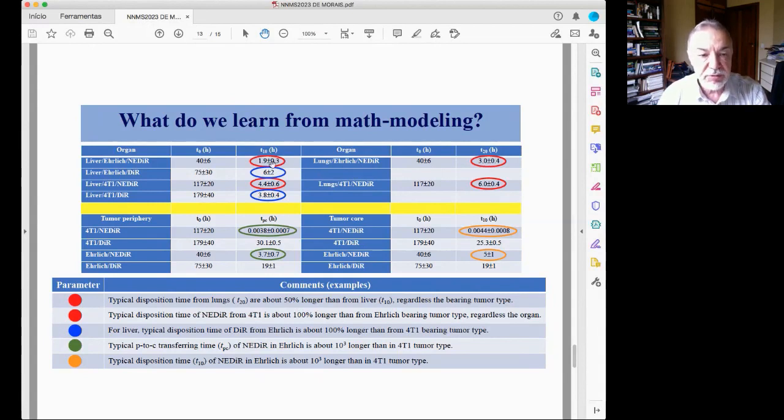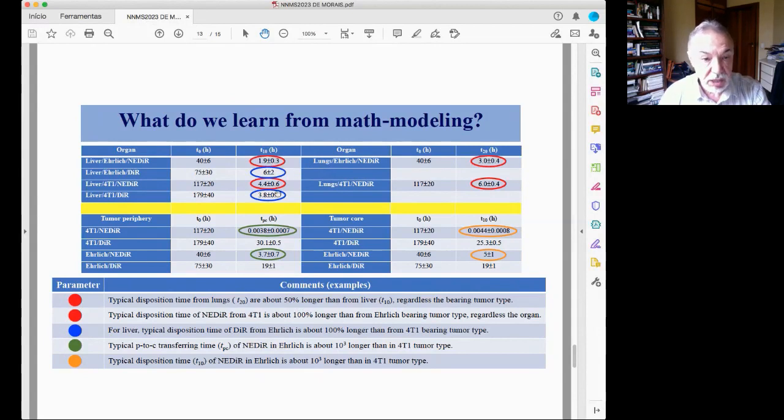If you compare the same Ehrlich tumor, liver and lung, the disposition time is very different. So you can never get these numbers if you are not using a mathematical model.